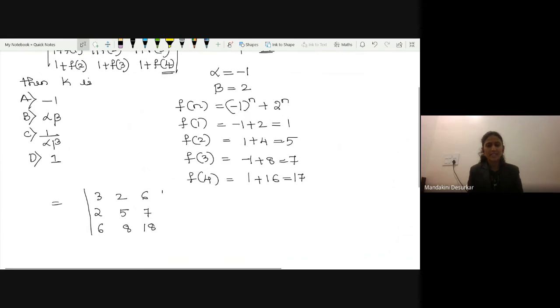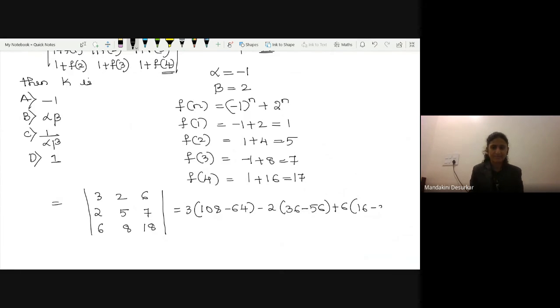Now you can easily solve this. So this is 3 into, what do we get over here? This is 108 minus 64, minus 2 into 36 minus 56, plus 6 into 16 minus 30. So what is the right option that we get? Just a minute.